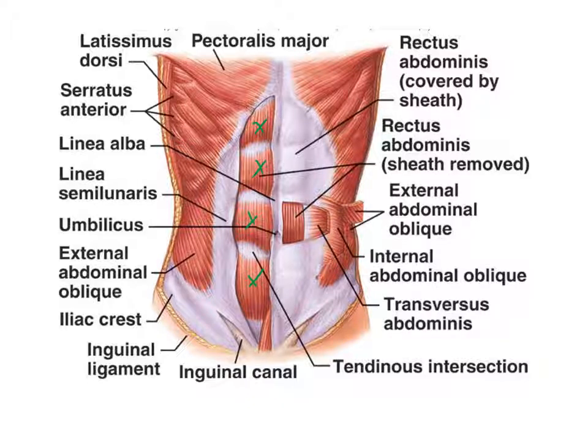Again, the linea alba is the midline separation between these paired rectus abdominis muscles. Again, it is the area of decussation where the aponeurotic tendons of the flank muscles cross. There is also an area to the sides of both rectus abdominis muscles referred to as the linea semilunaris, demonstrated here by the green line.